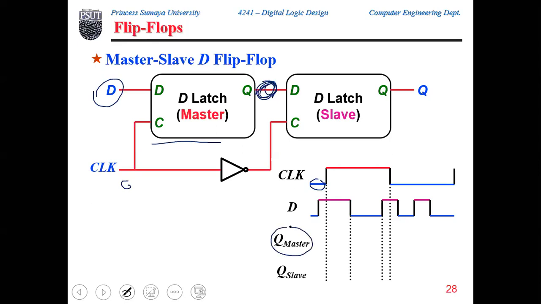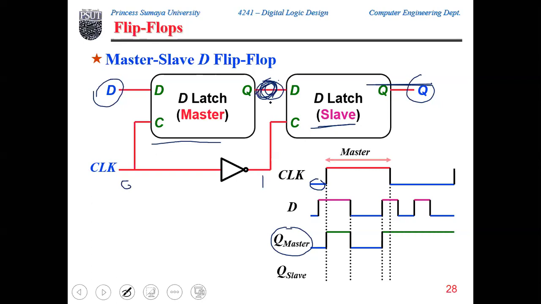As long as the clock is 0, the Q master will be fixed because the latch is disabled. However, the slave latch will be enabled. So whatever is Q here, which is fixed, will appear on this Q, because Q slave will be the same as the Q master.